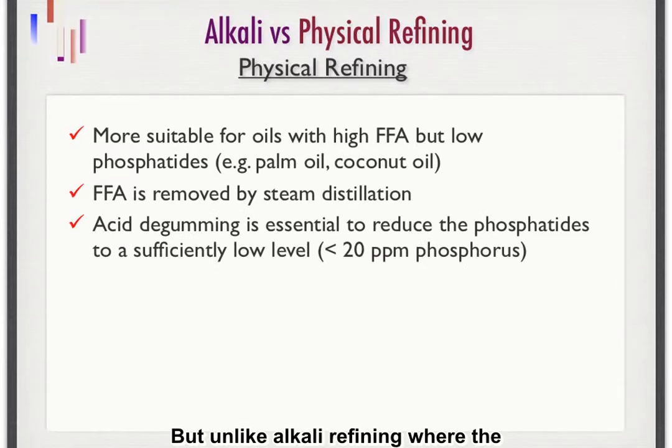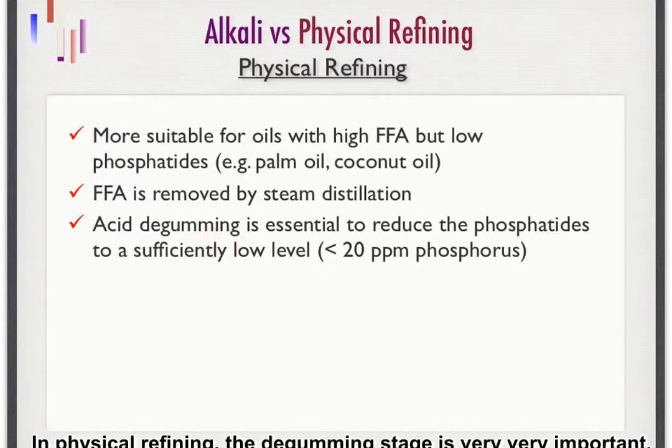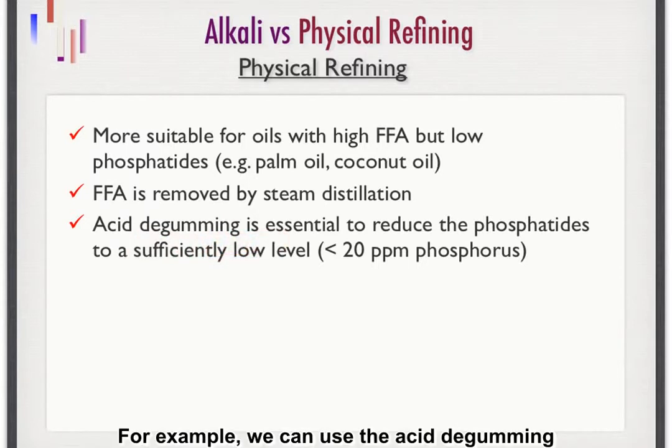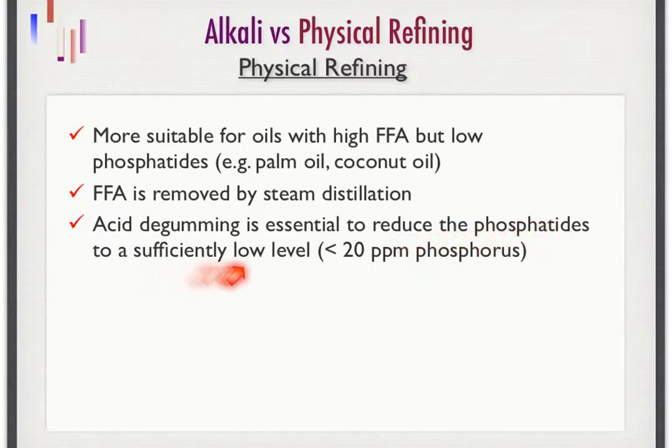But unlike alkali refining, where the degumming step may not be necessary, in physical refining the degumming step is very important. For example, we can use the acid degumming step to reduce the phosphatides, or the gum, to a very low level, usually less than 20 ppm phosphorus.